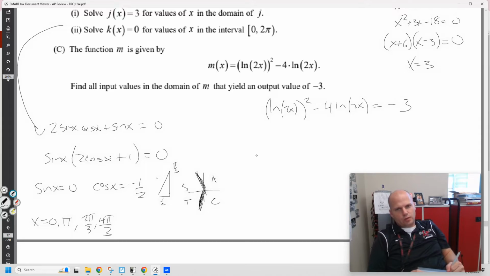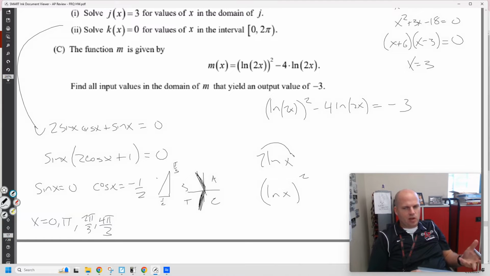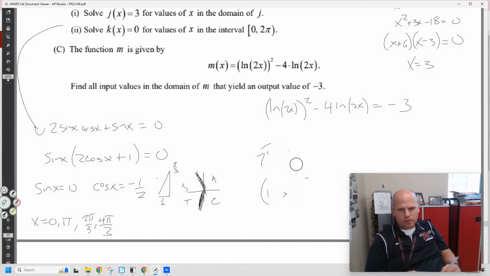It's like if I had 2 log x, I'd bring that 2 up and it's log x squared. But if I have log x squared, that's not log x squared. It's log of 2x times the log of 2x. This is just a little bit funky. I don't think I've ever seen something like this.